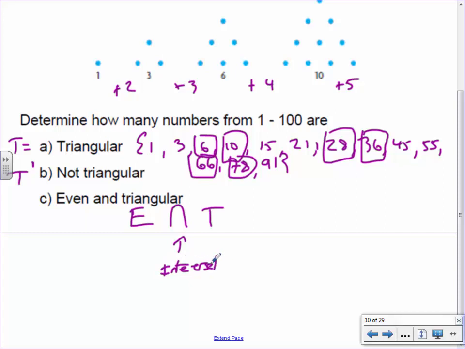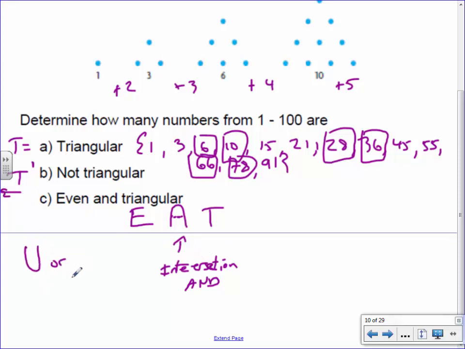You know how we talked about and versus or in our probability unit? This is basically the symbol for and. You have to have even and triangular. You need them both. Here, the way I remember it is that this right here kind of looks like the letter A if you put a bar across the bottom. The one that we haven't covered yet is this one sitting over here. U stands for union.